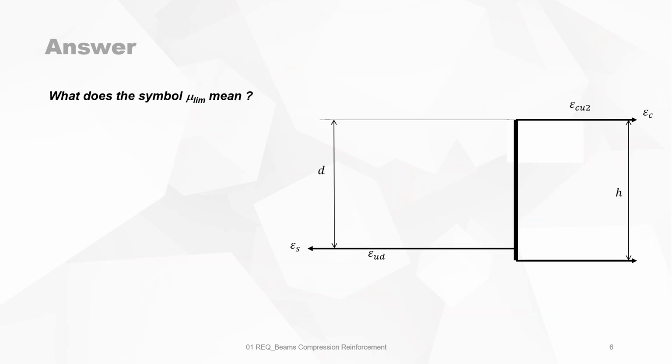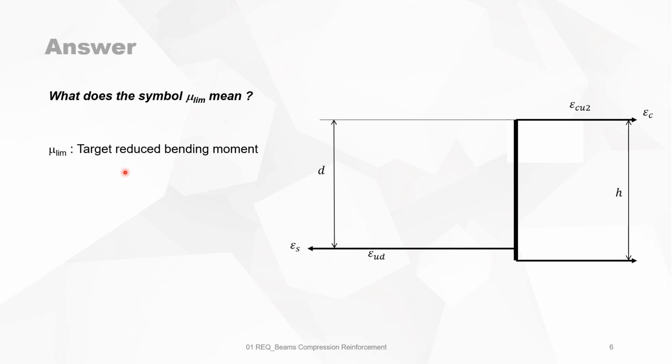What does the symbol μ_limit mean? Well, let's make a small drawing of the strain diagram. This is the unloaded section. On this side, we have the strain of the concrete, the compression, and on the other side, the strain of the steel in tension.